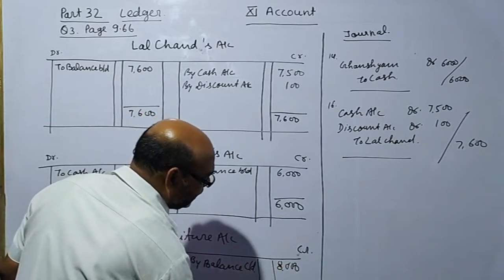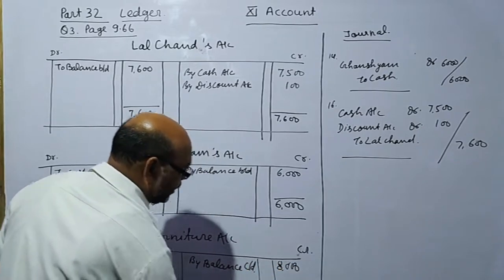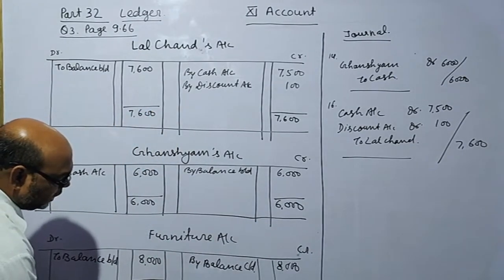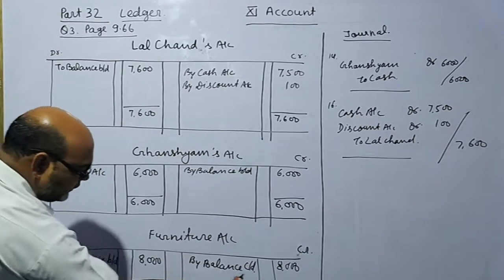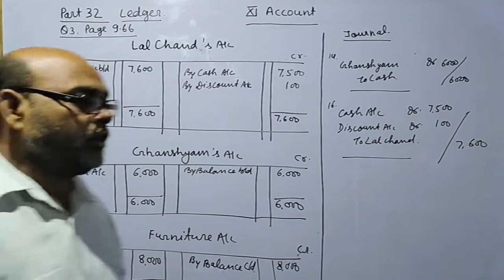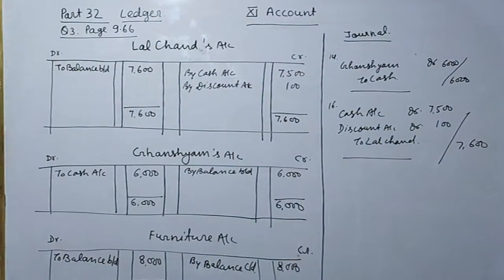You will make the total 8,000, and below the total you will write, this is the by balance CD, so you will write here to balance BD. That is 8,000. So like this you will make the ledger of Lal Chand, Ghanshyam and furniture account.